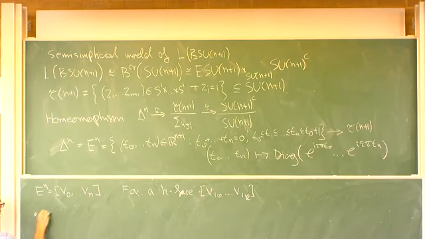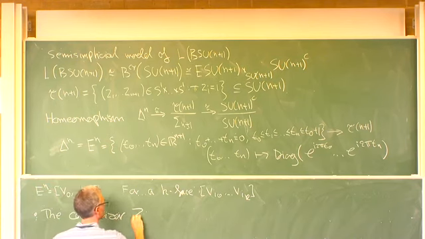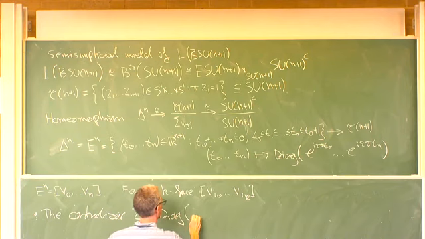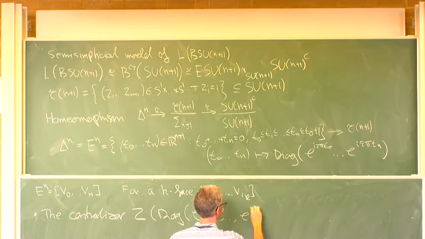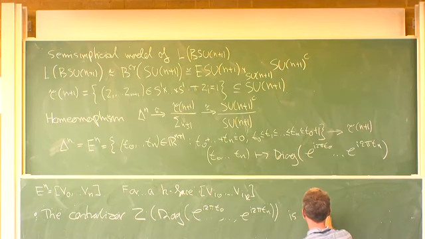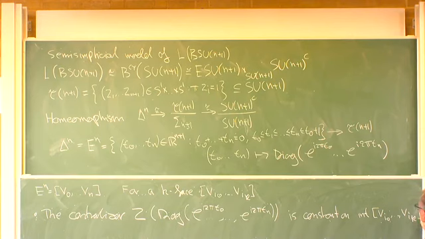First of all, the centralizer of this diagonal matrix, the one that I wrote up before, is constant on the interior of such a simplex. That's simply because it's a diagonal matrix, so the centralizer just depends on how many distinct eigenvalues there are, and they are constant in the interior.